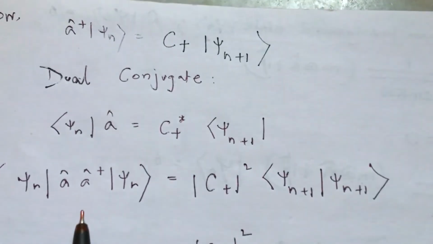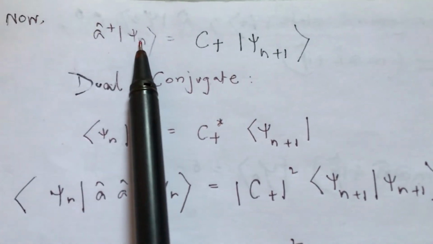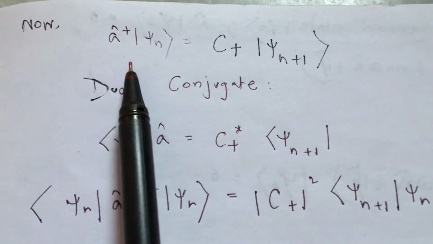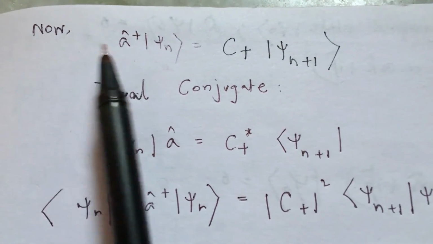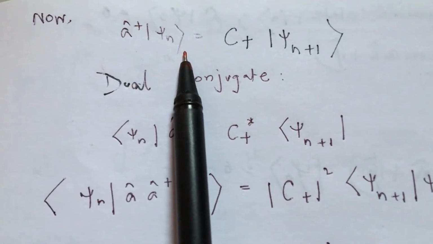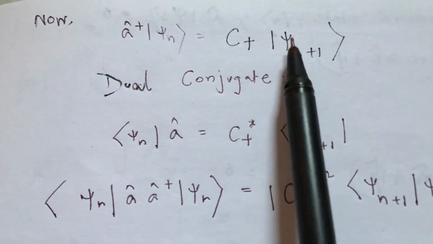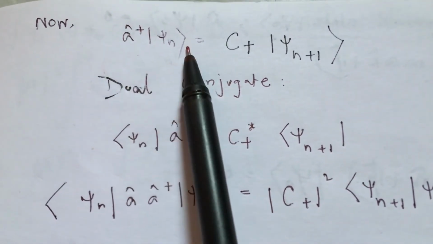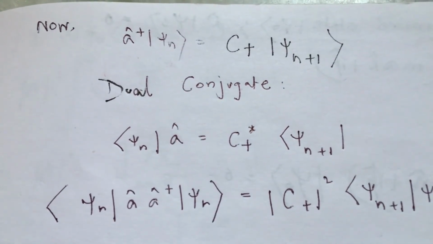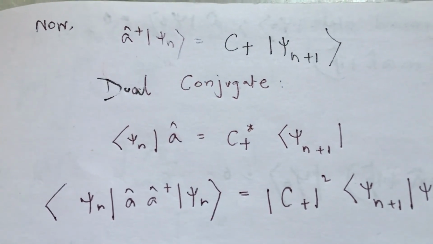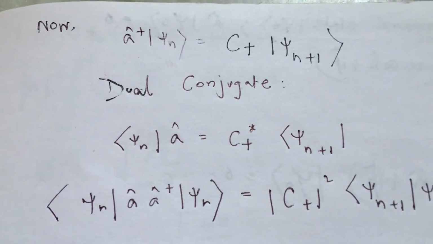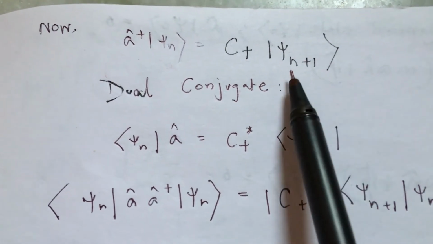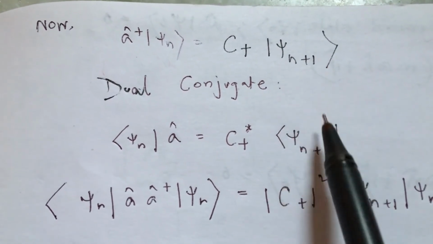Let's find the length of a dagger psi n. I will do the same algebra as I have just done here. I write a dagger psi n as C plus psi n plus 1, because when I apply a dagger on psi n, the energy eigenvalue will be En plus h cross omega, and the corresponding state is psi n plus 1.